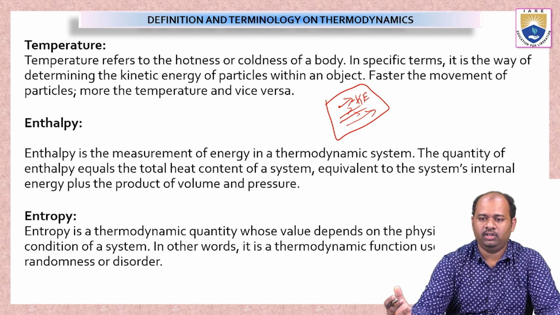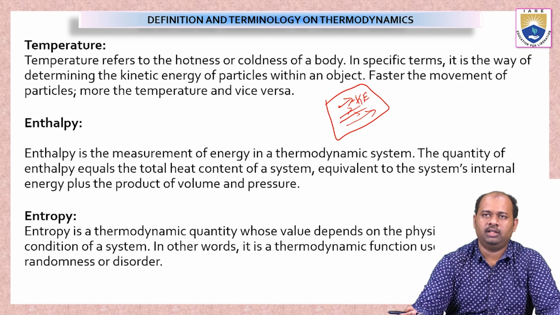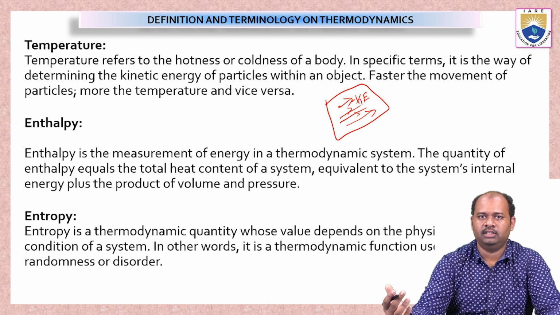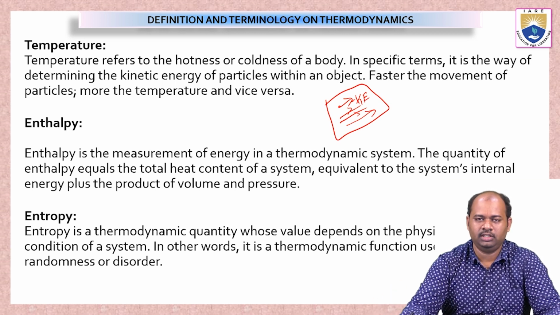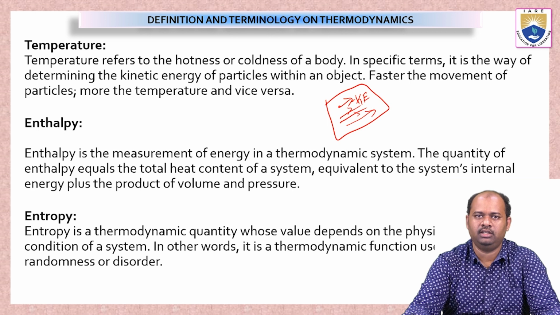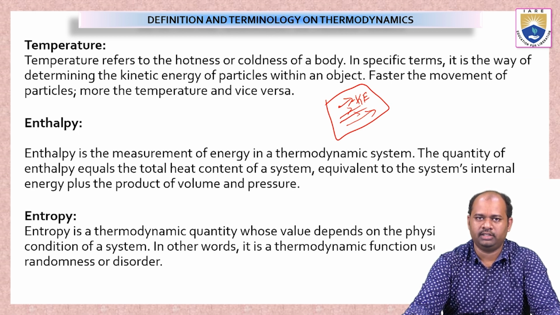In contrast, when the kinetic energy of the moving particles is very low, the temperature will be low. So this is how temperature is defined in terms of kinetic energy: the faster the movement of the particles, the higher the temperature, and vice versa. This is the basic definition of temperature. It is the degree of hotness or coldness.